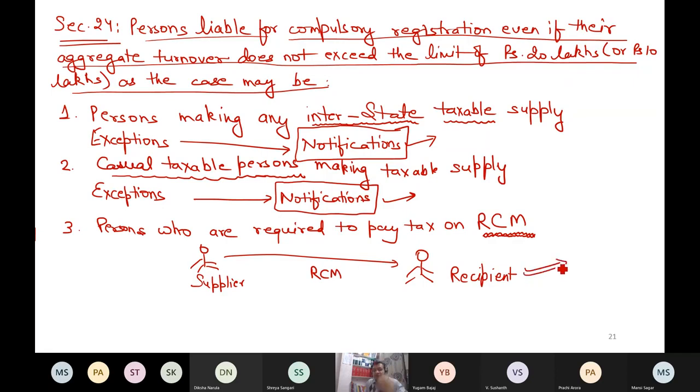Recipients. And if this recipient is not registered, how can this recipient deposit the tax with the government? So it is necessary that all persons who are required to pay tax on reverse charge mechanism basis must take compulsory registration. But again, it also has some exceptions.